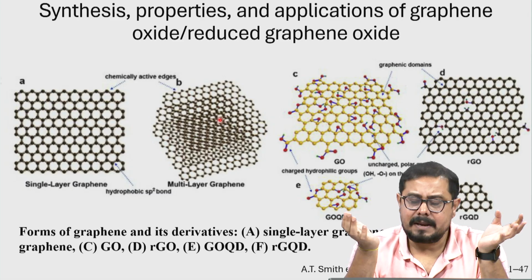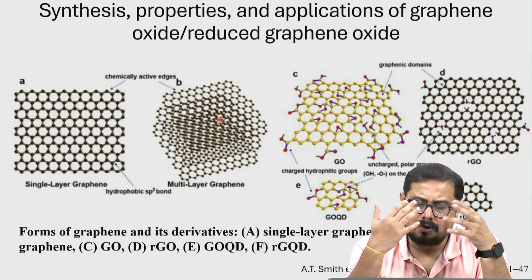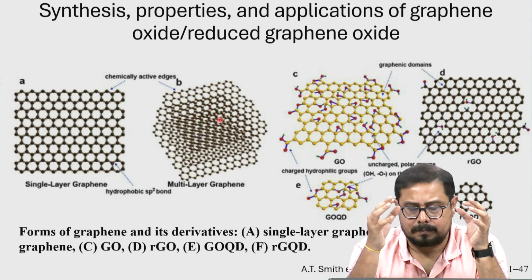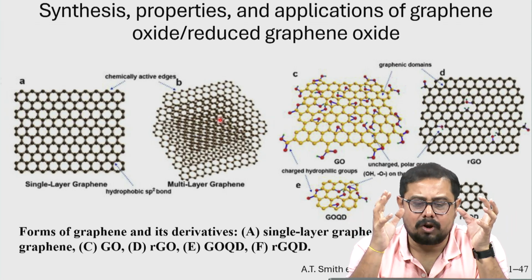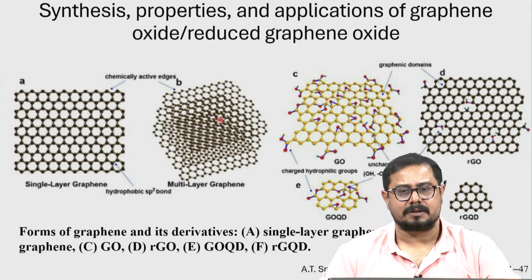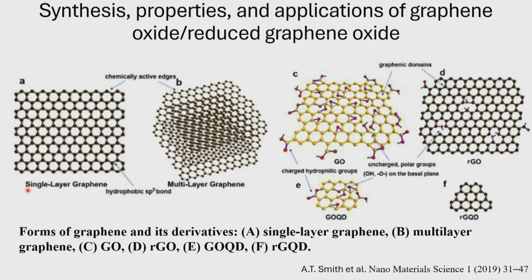When you have graphene oxide, it means oxygen is there. So how can we prepare graphene oxide or reduced graphene oxide? Graphene is sp2 hybridized carbon, right?